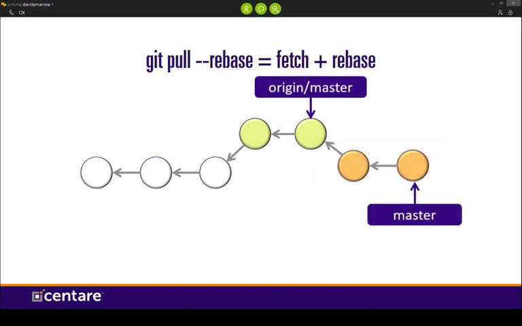So it's going to kind of rewind that master pointer to the last common point, go forward and make your changes again on that branch. There's still the potential for merge conflicts. They tend to be less severe with a rebase, but it's going to happen here rather than at the end, which may or may not be preferable for you.